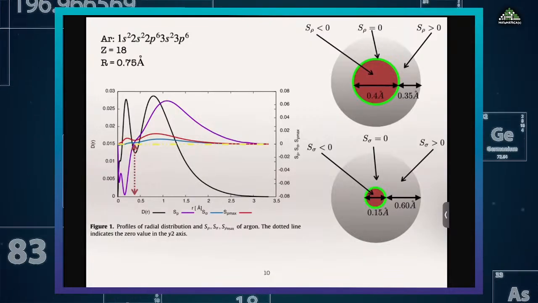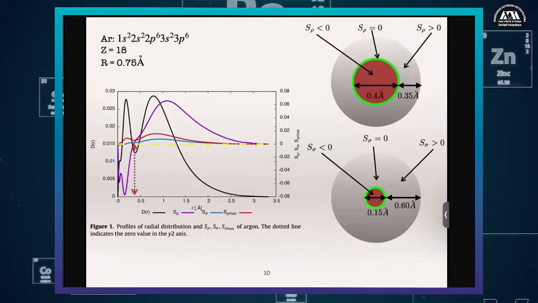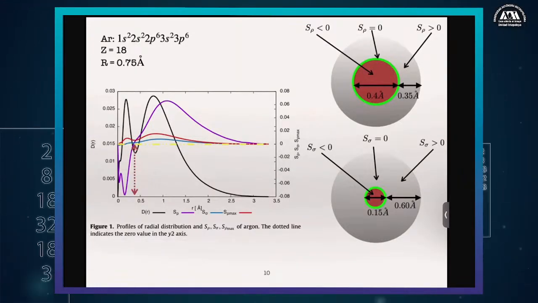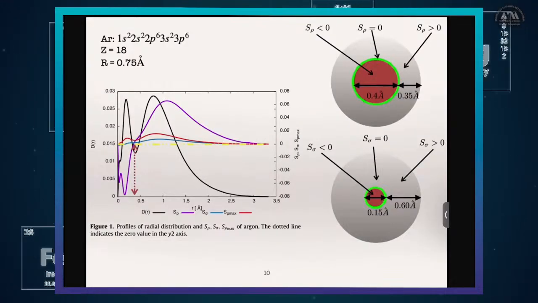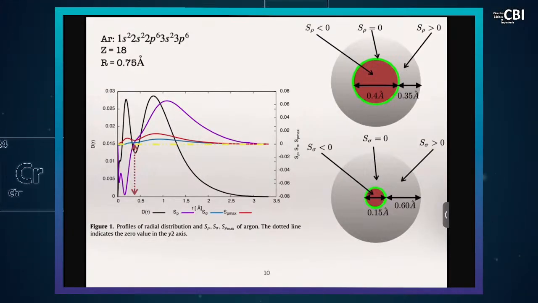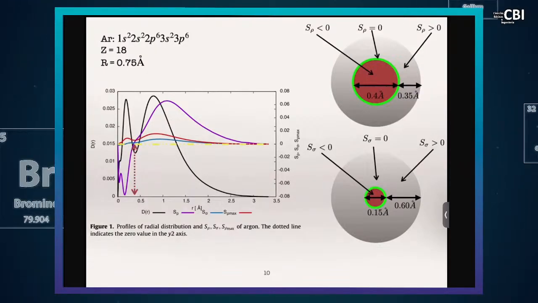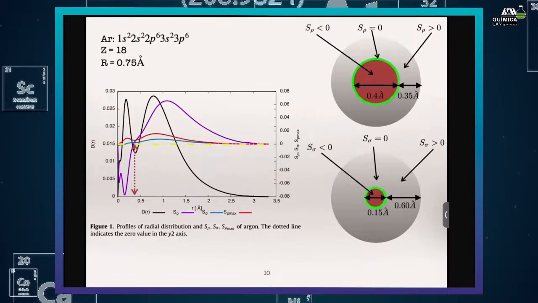We can picture this like an onion, in which in the kernel the entropy will be negative, which of course doesn't have any physical sense.